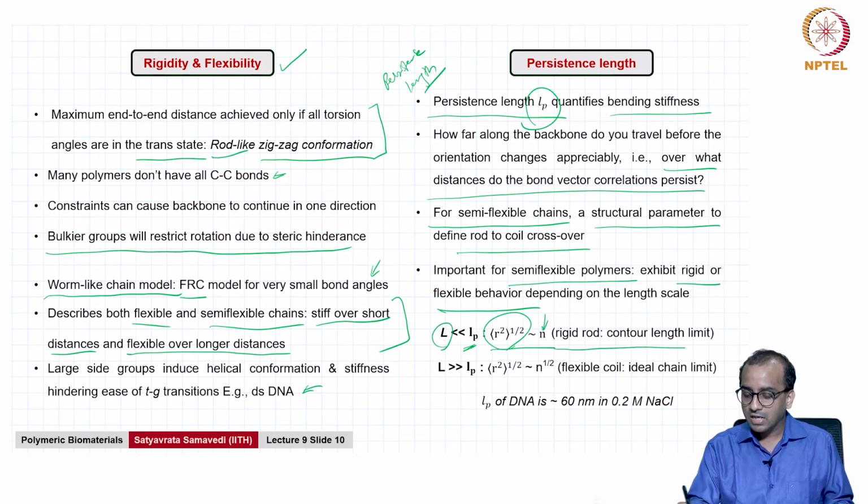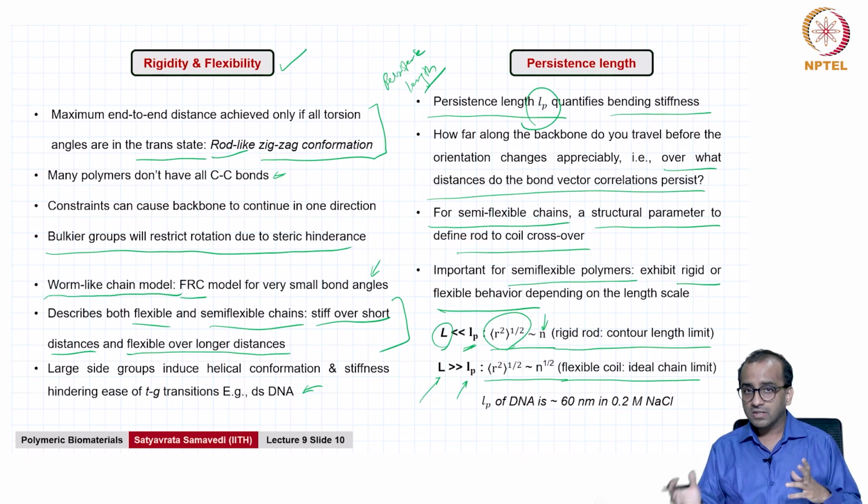which is like the rigid rod in the contour length limit. If your chain length or length of interest is much larger than your persistence length, then the scaling for the root mean square end-to-end distance happens to be n to the half, which would be the limit for a flexible coil or the ideal chain limit.